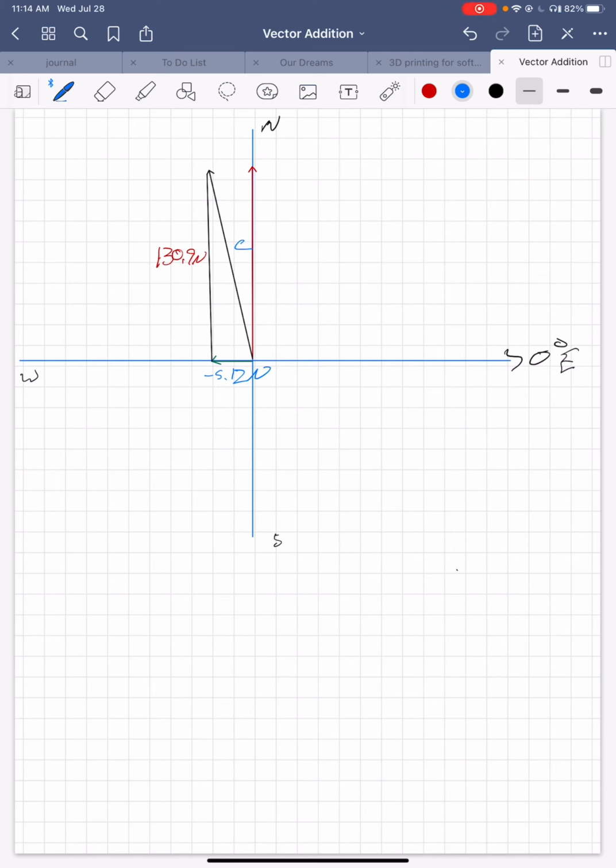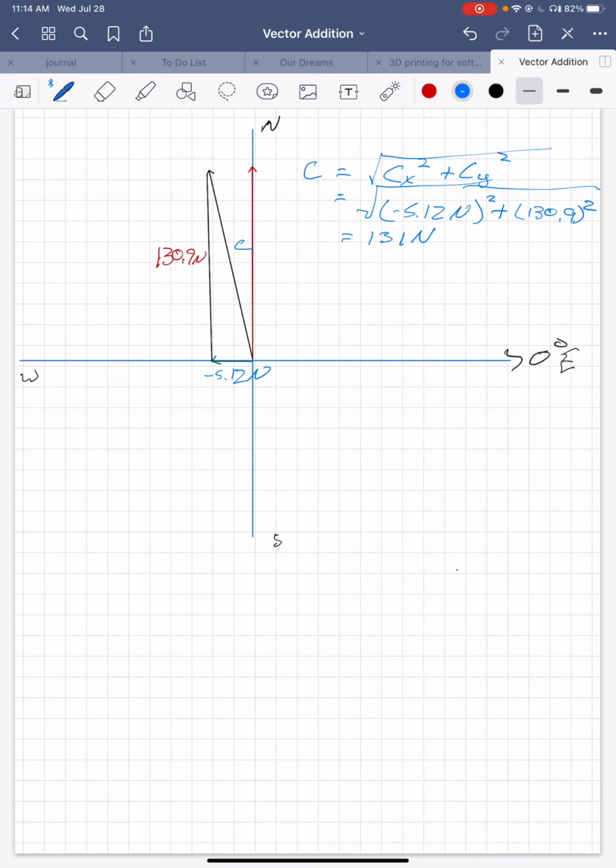So C is just equal to the square root of CX squared plus CY squared by Pythagorean theorem. Got to remember this is in parentheses. Take the square root of all of that, and I get 131 newtons.